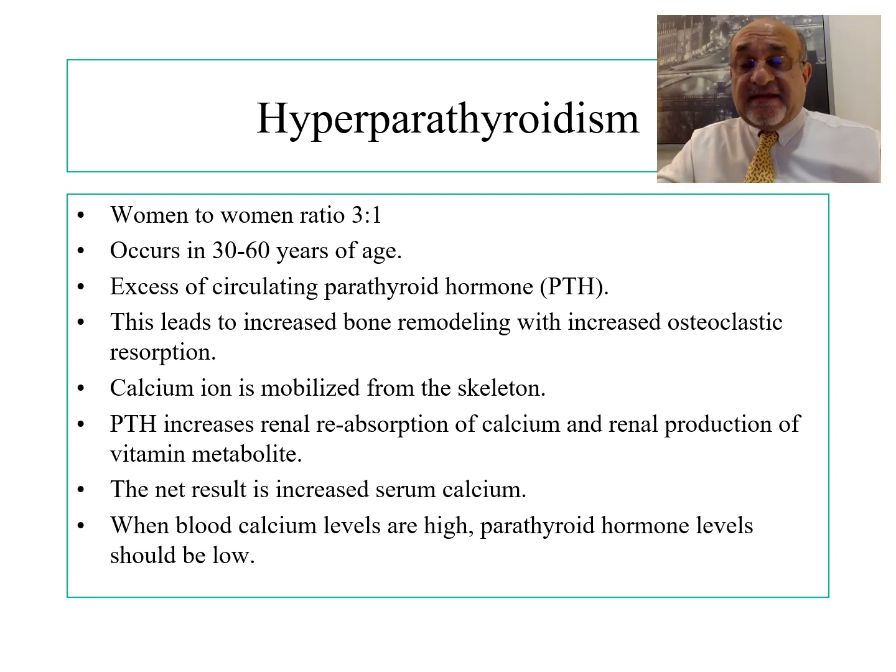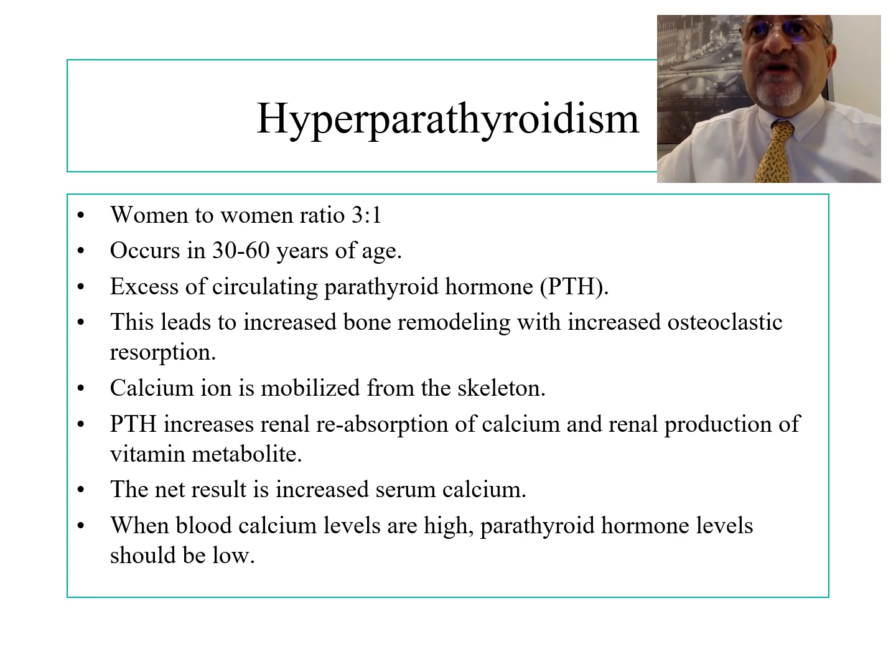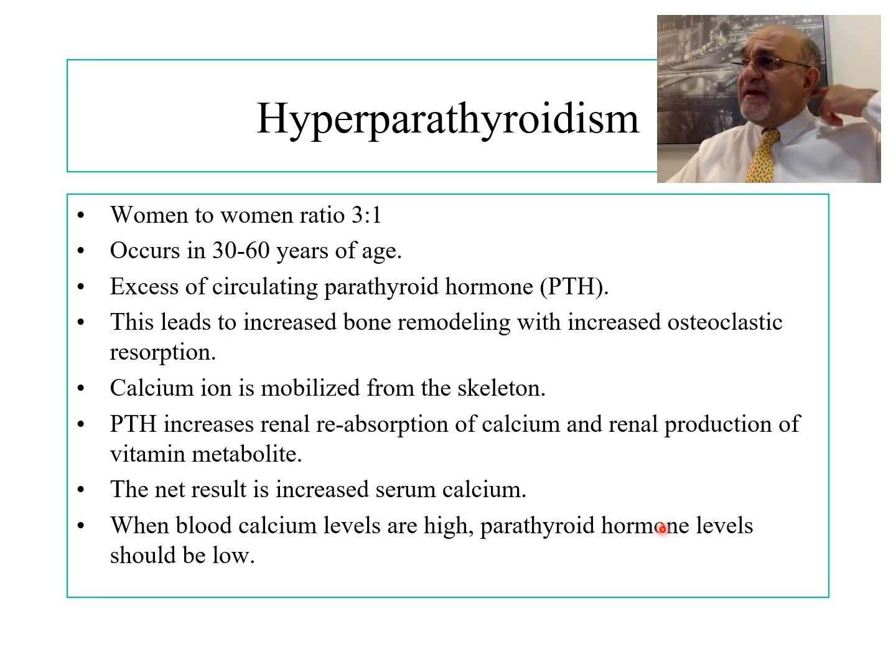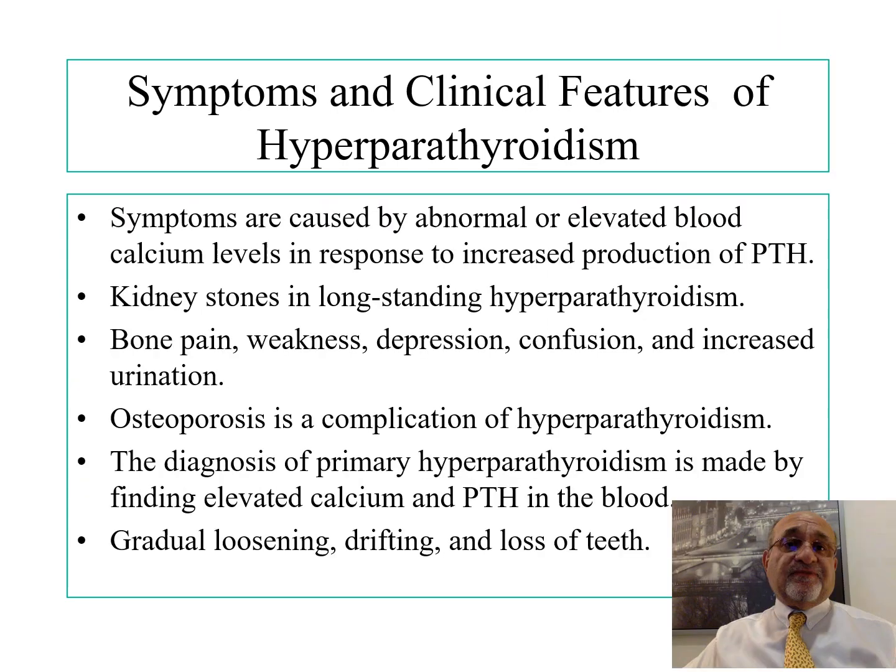This, as a net sum, will result in increased serum calcium levels. And when the blood calcium levels are high, the parathyroid hormone should be low. So it's a reverse relationship between the two. Generally speaking, hyperparathyroidism means an increase in the bloodstream of calcium and phosphorus.